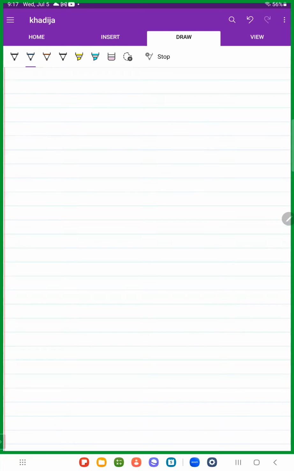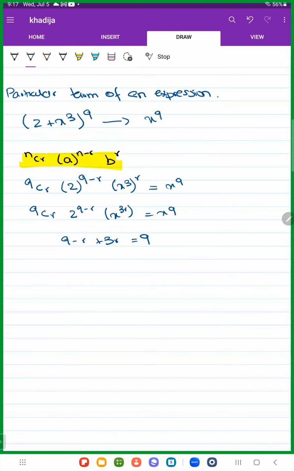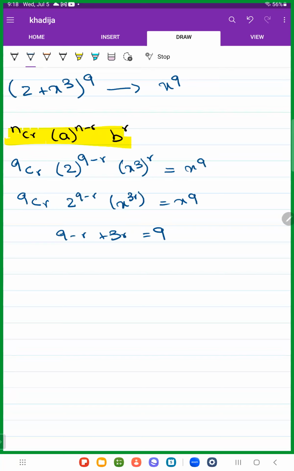So 9 minus r plus 3r is 2r, which is equal to 9. 2r is equal to 9 minus 9, which is 0. r is equal to 0.